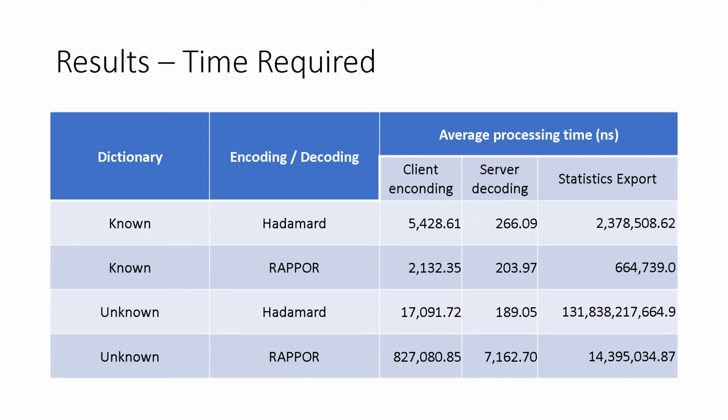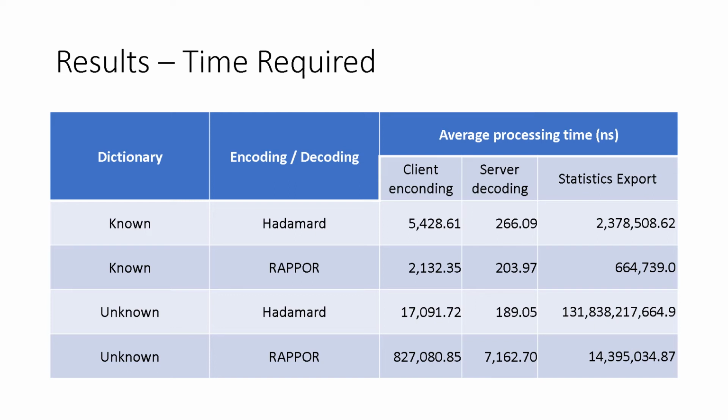The largest time required to encode a report on a device was on the unknown dictionary setting with Rapport encoding. It was a bit below 1 microsecond. It was over 800 nanoseconds, 1000 nanoseconds.